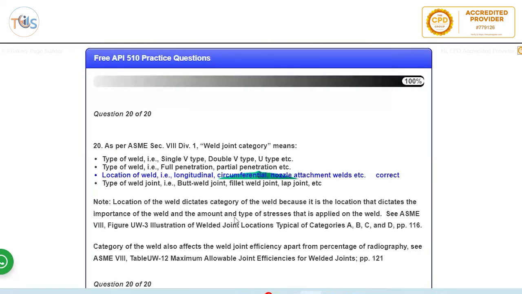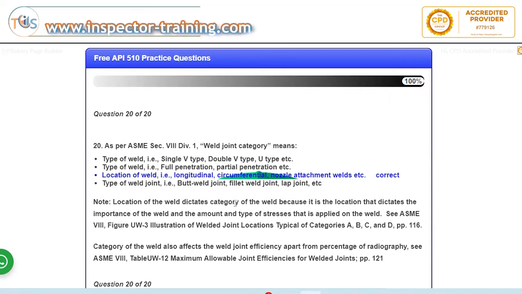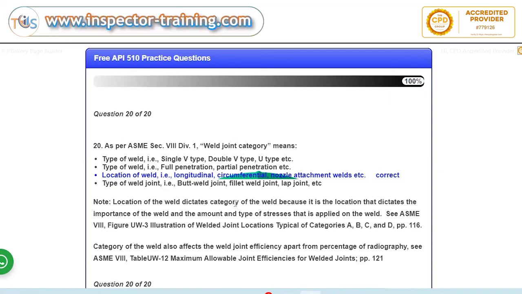And the last question is weld joint category. When you're talking about category, it's always the location of the weld. It doesn't matter what sort of weld it is, a V joint, U joint, single bevel, double bevel, butt joint, full penetration, partial penetration, that's a type of weld, okay?